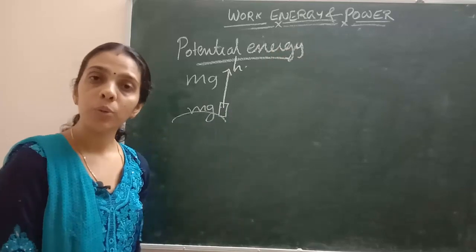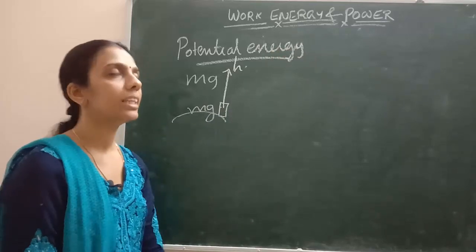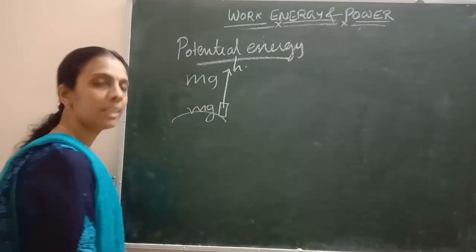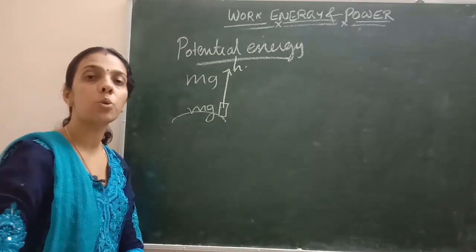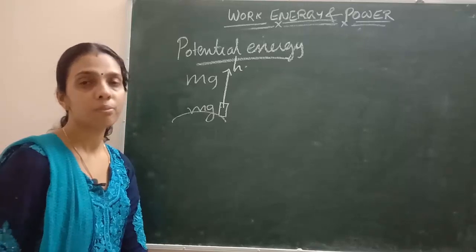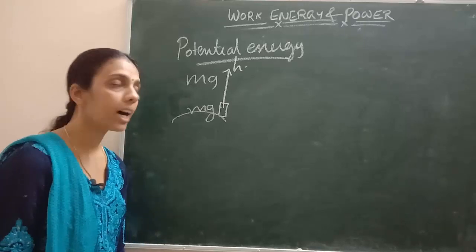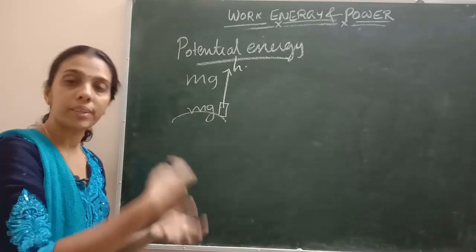So what are we doing there? We are finding out a distance. We are taking an object to a particular height. So we are doing work against the force of gravity.